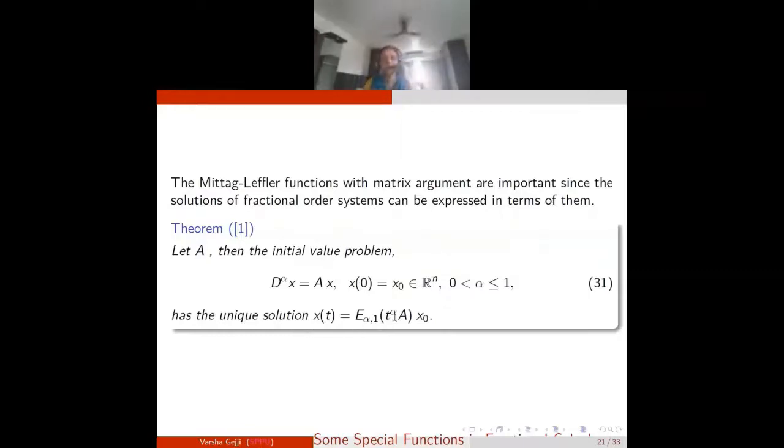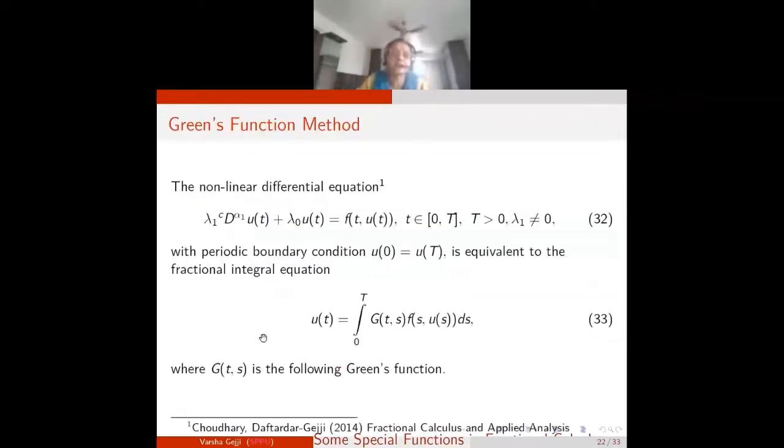Then it has unique solution E alpha comma 1 t alpha A. So you can see this exponentiation is nicely replaced by Mittag-Leffler. So the Mittag-Leffler function comes very often, or rather all the time, you can say. This is the beauty, and it comes in its generalized forms.